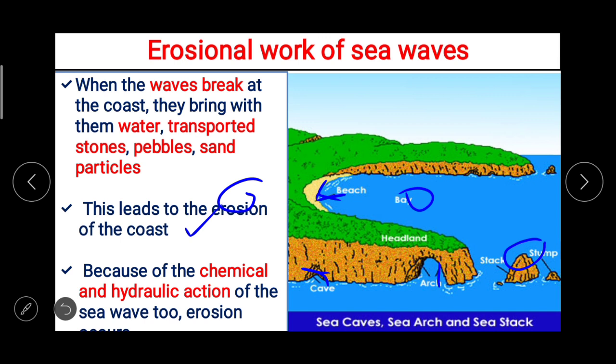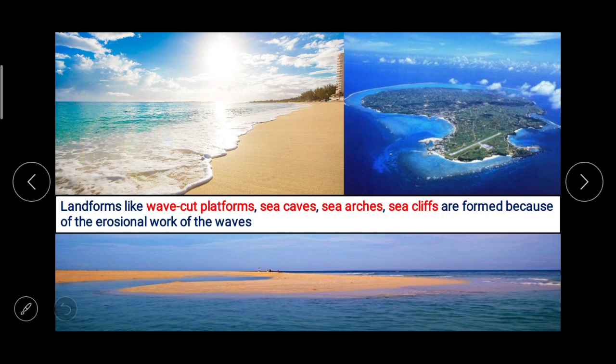So, landforms like wave cut platforms, sea caves, sea arches and sea cliffs are formed because of the erosional work of the waves. In this figure you can see all these things: sea caves, sea arches and sea stack.